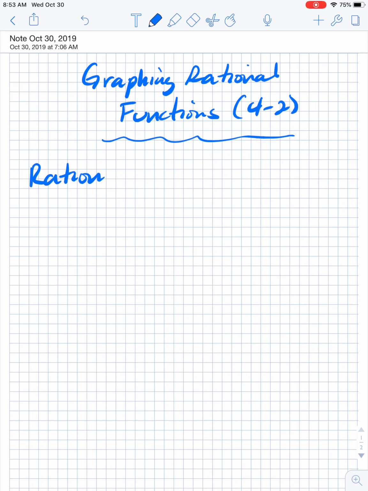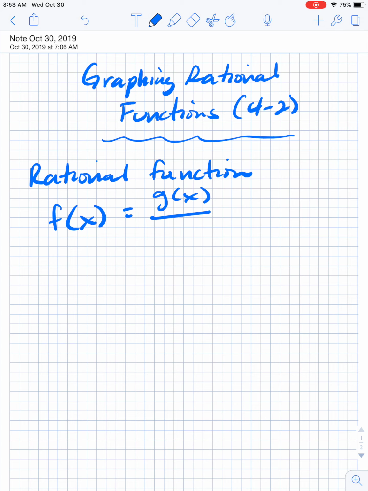So a rational function is when we have a function that is equal to another function over a third function. So we basically have an expression over another expression. Okay, that's what a rational function is.